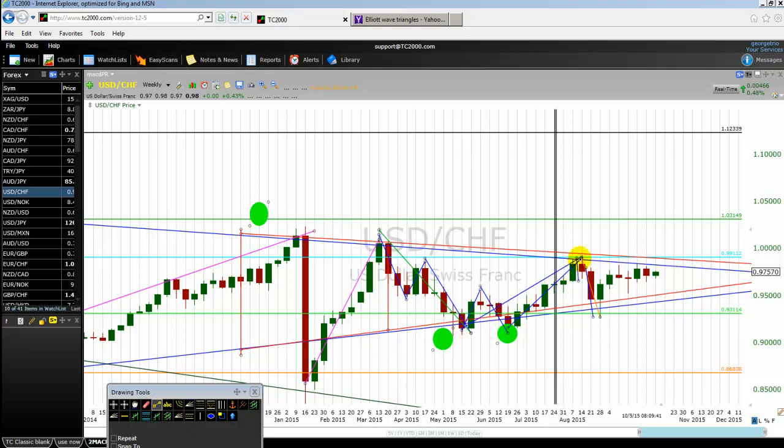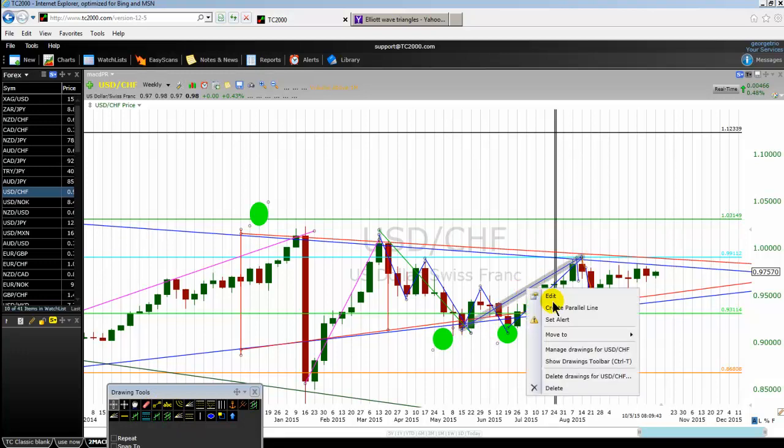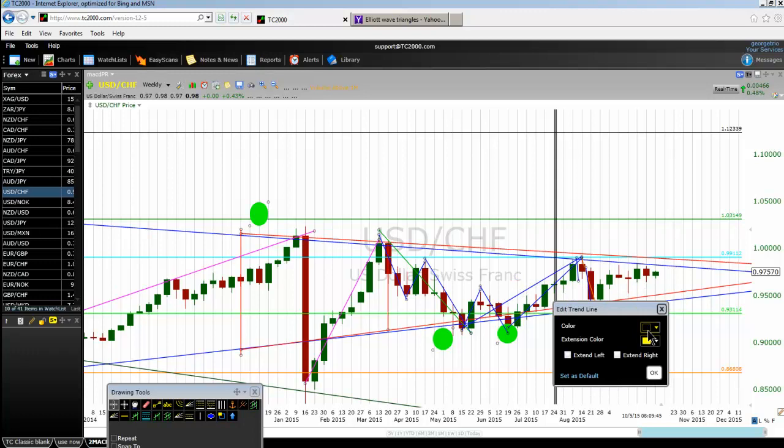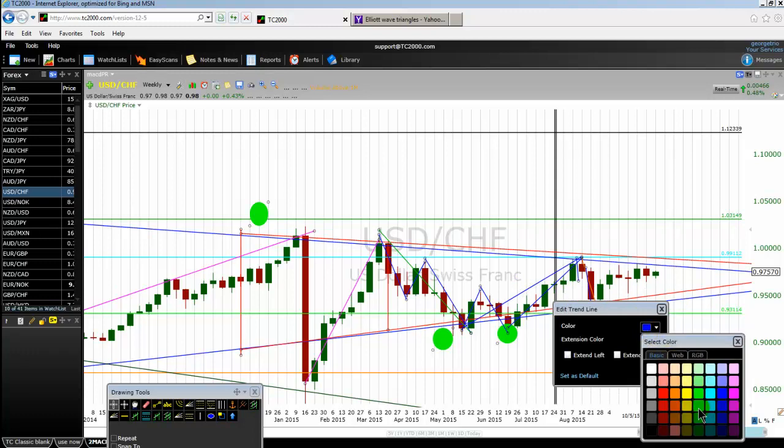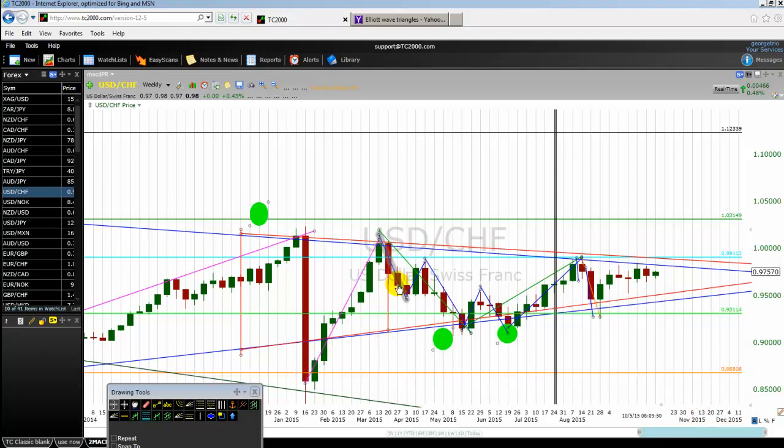This one here is B, color it also in green. As you can see, you have too many lines. Now, stay focused, please, my friends. 1, 2, 3, from here to here, that's the A. And then 1, 2, 3, that's the B, from here to here. And then the hidden 1, 2, 3, from here down to here.